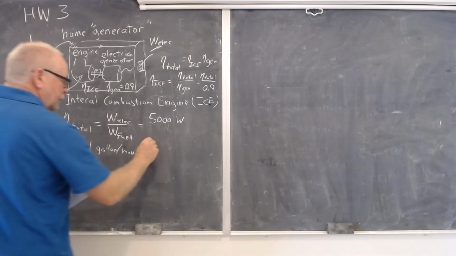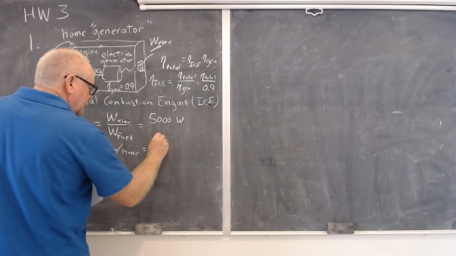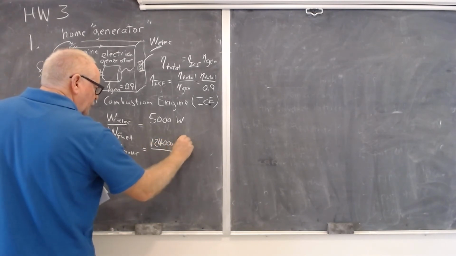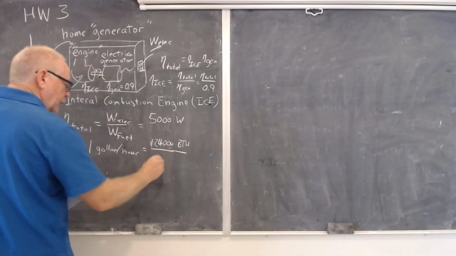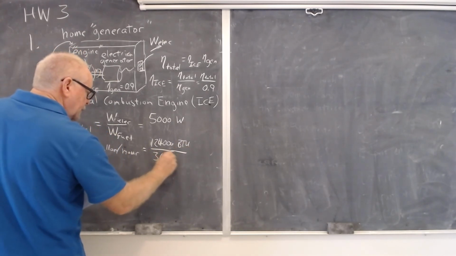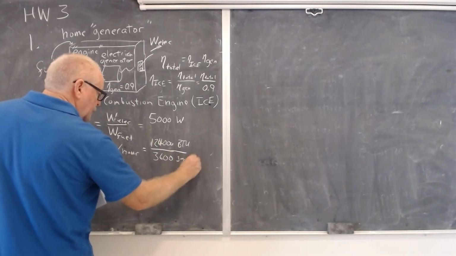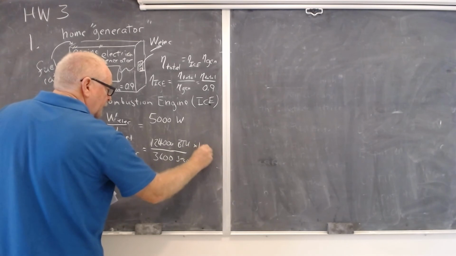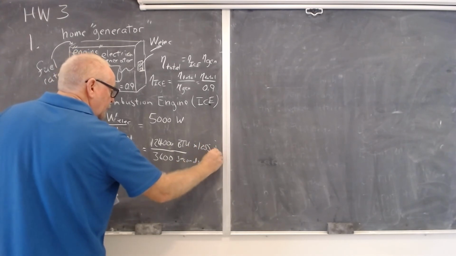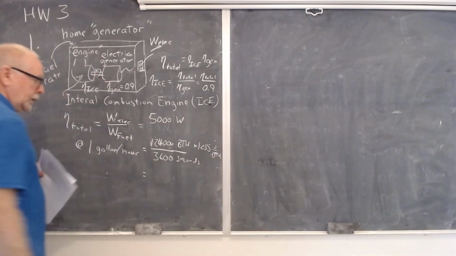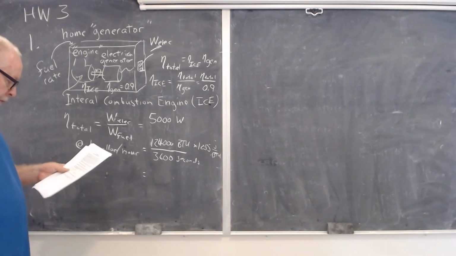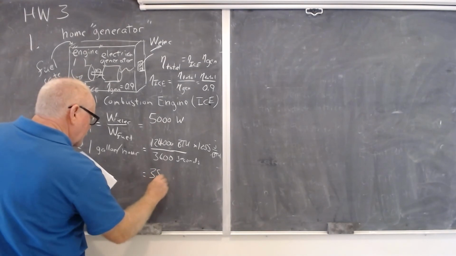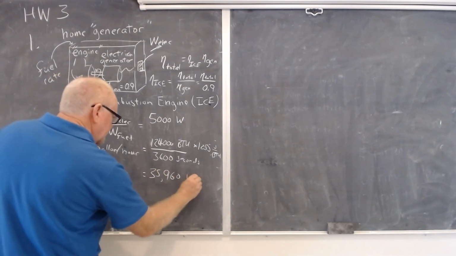So that's equivalent to 124,000 BTU per 3,600 seconds. And you multiply that times 1,055 joules per BTU. And so if you work out those numbers, it works out to 35,960 watts.